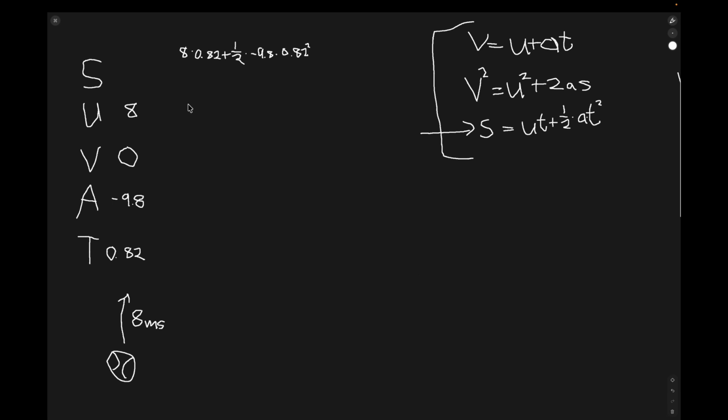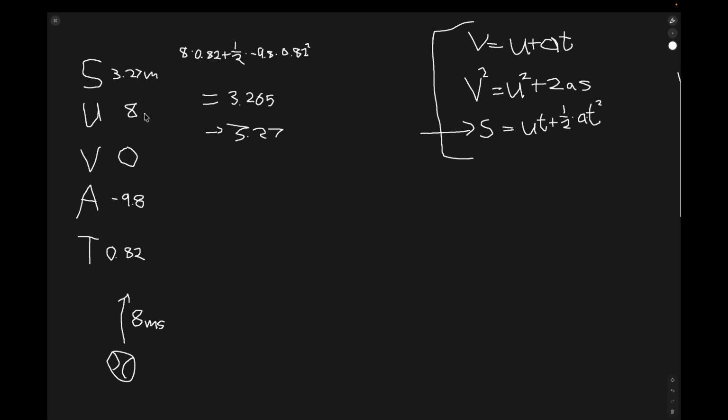We put that into our calculator, that is going to be equal to 3.265, or 3.27. Okay. 3.27. Don't forget our units, meters.